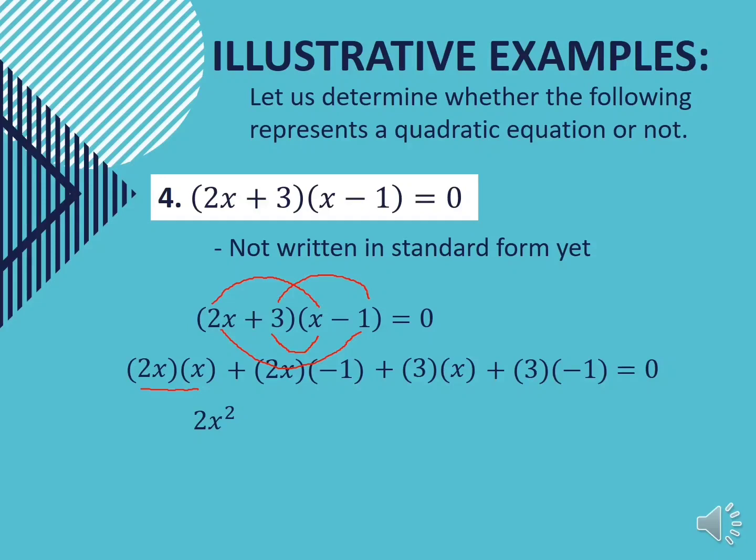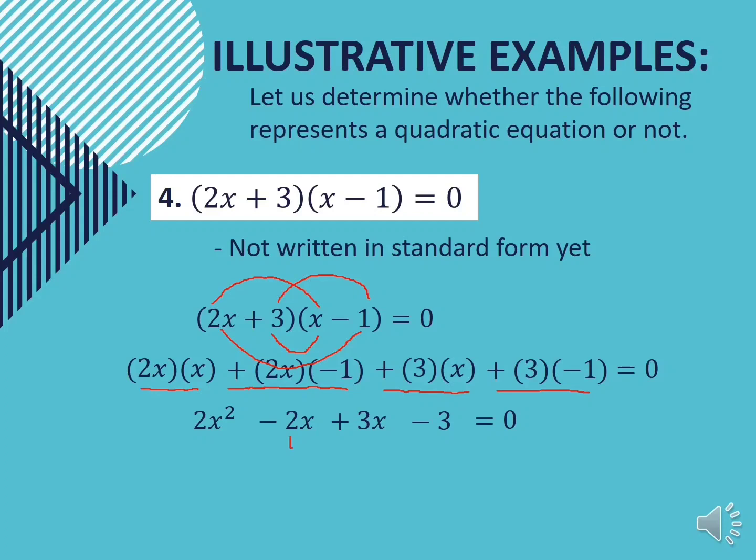How about positive 2x times negative 1? Sama dito yung positive ha. Positive 2x times negative 1, that is negative 2x. Very good. How about positive 3 times x? We have positive 3x. And positive 3 times negative 1 is negative 3. And that is equal to 0. Now, let us combine like terms.